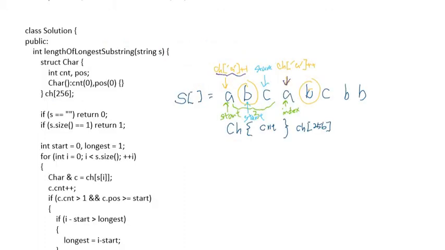Let's see the code. First, I declare the character data structure as an array including count and the position variable.